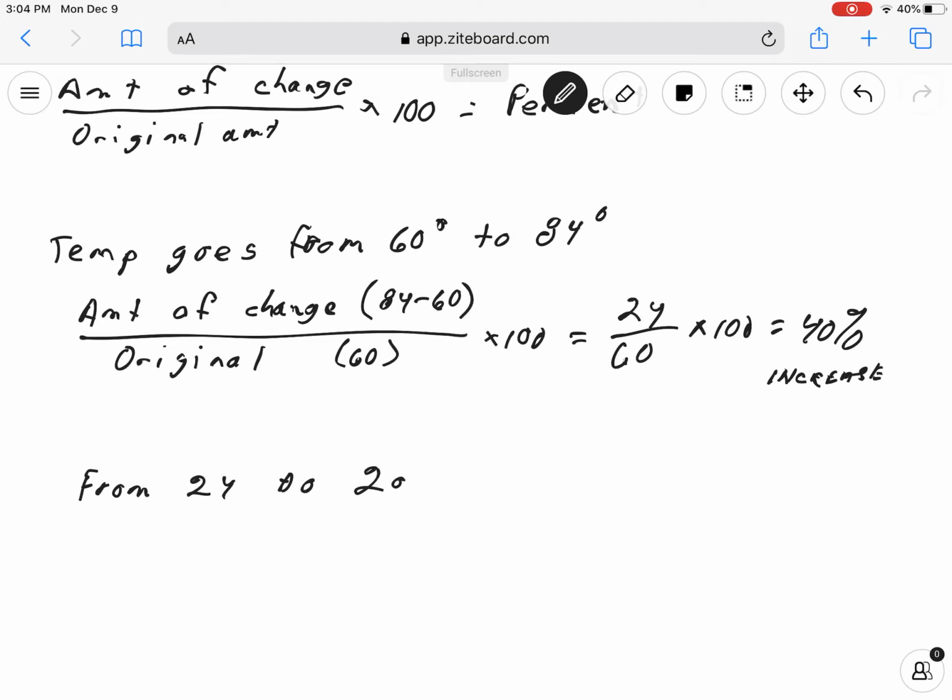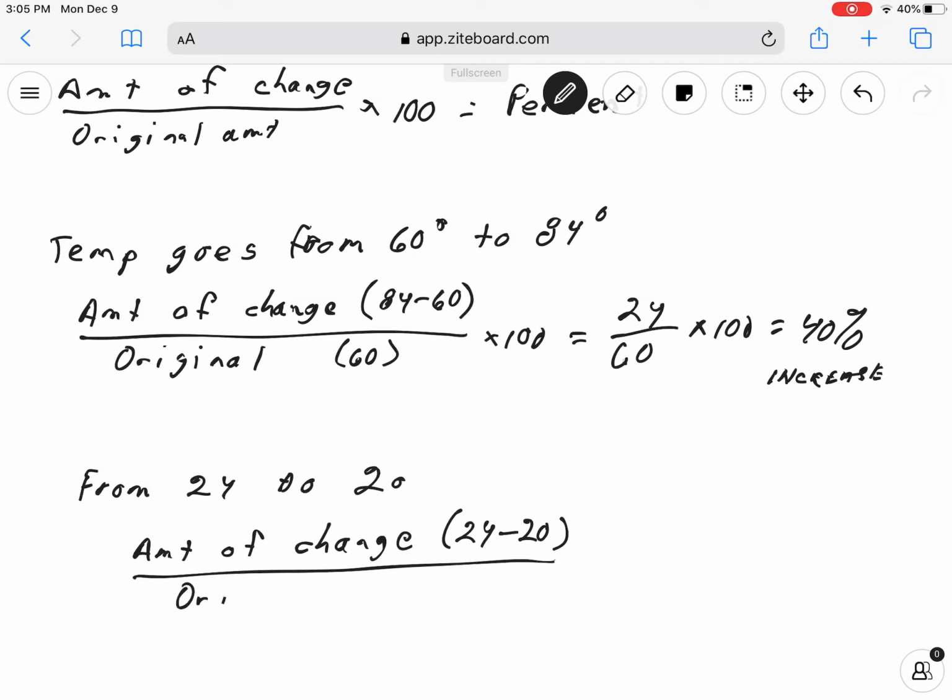So again, my amount of change, in this case, goes from 24 to 20, over my original, which is my 24. And then we multiply it by 100.